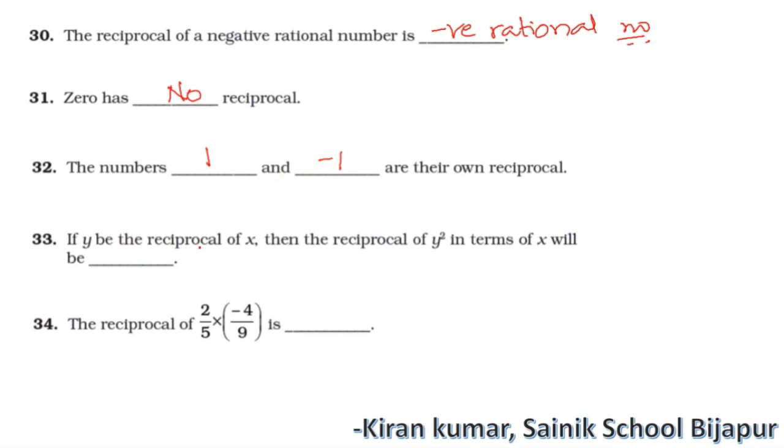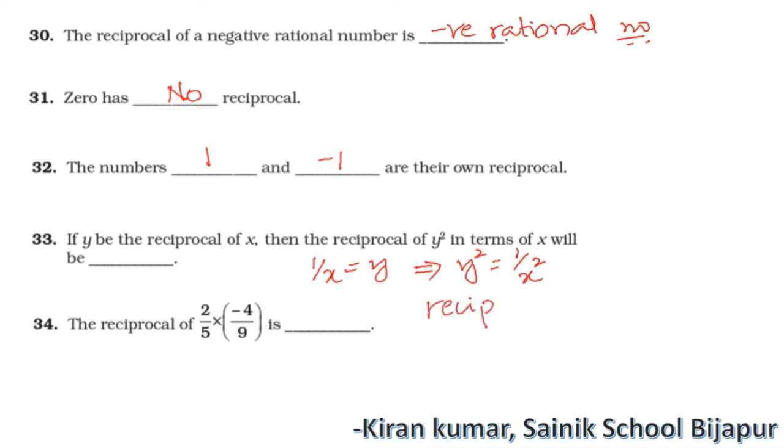If y is reciprocal of x, the reciprocal of y square in terms of x will be. So we need to find, they have given that y is a reciprocal of x. So 1 by x is y. Y square will be 1 by x square.